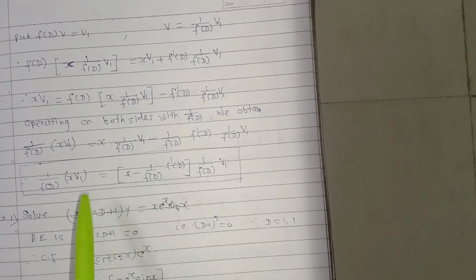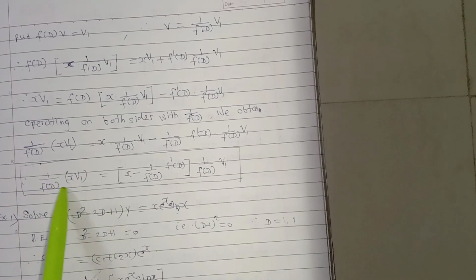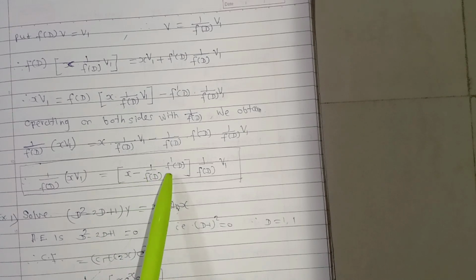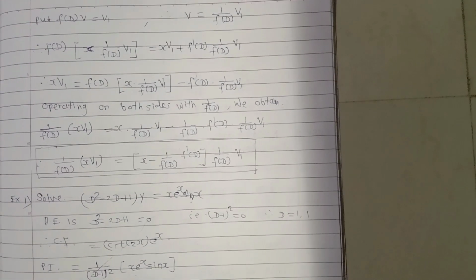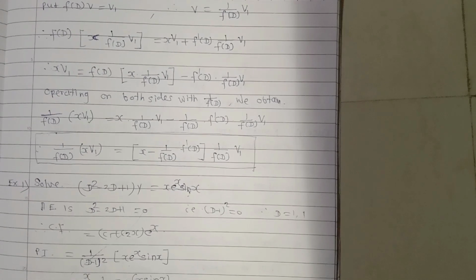So we get the final formula: 1 upon f(D) operated on x phi 1, or x phi, equals in bracket x minus 1 upon f(D) f dash D, bracket complete, into 1 upon f(D) operated on phi 1, or phi. This is the final formula. Now we consider some examples.